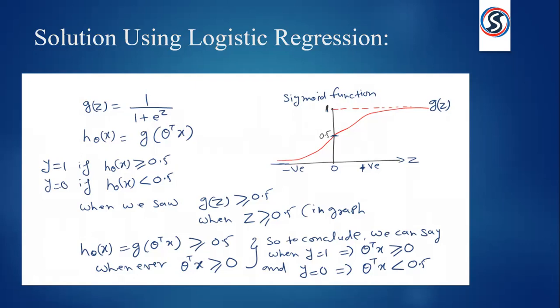The graph made by logistic regression will look somewhat like this. From this point we will be squashing, or flattening, our line. This is my g of z. This is my positive, this is my negative.